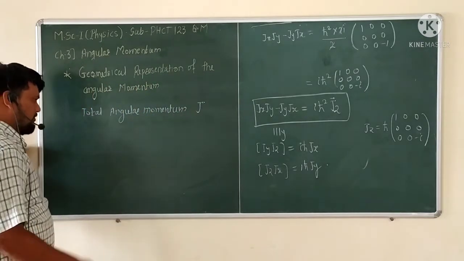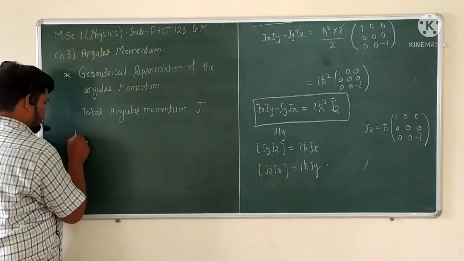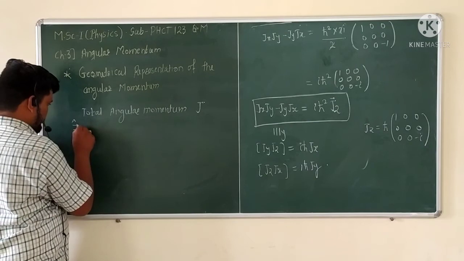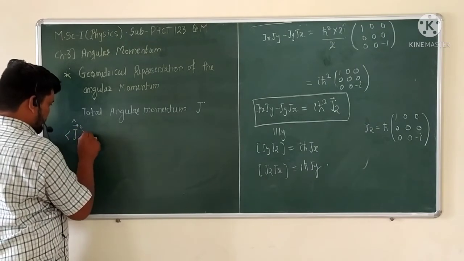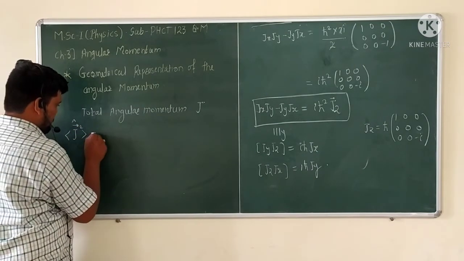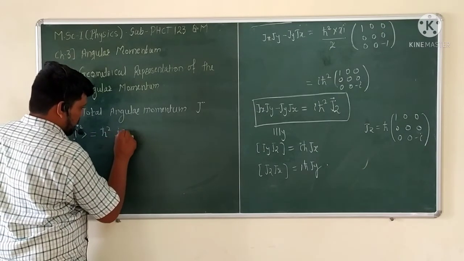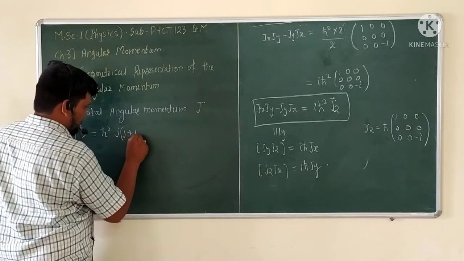Okay, and we have to know the J bar operator value. This is nothing but h cross squared j into j plus 1.